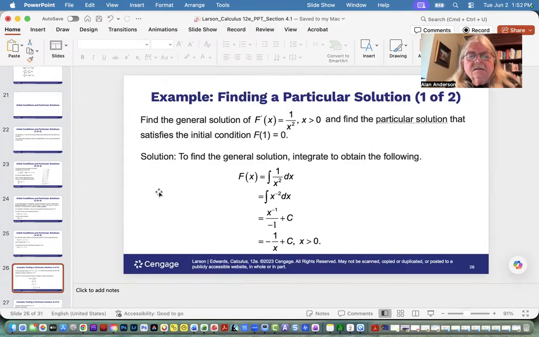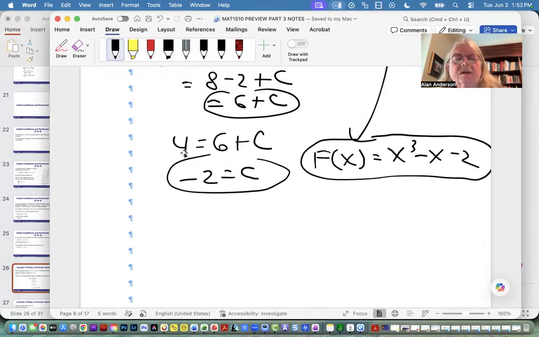All right. Oh, okay. No, it's just another example. Okay. F of x is 1 over x squared.